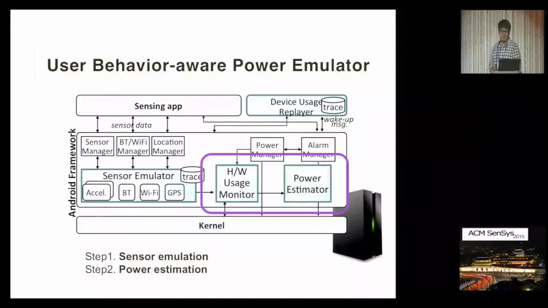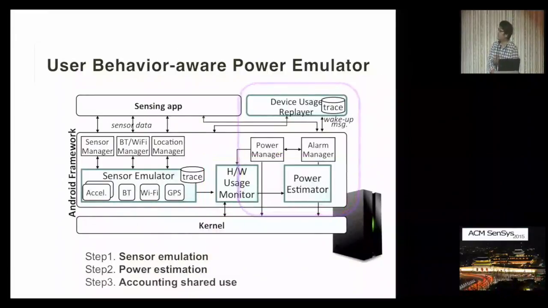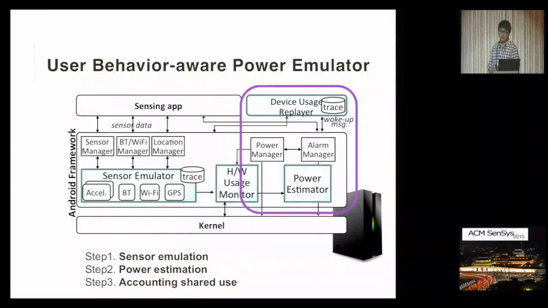Then, after the emulation, the power estimator computes the power consumption of a sensing application. And in the calculation, we account the shared use of resources to accurately estimate the additional power of the sensing application. Let me quickly go over key operations in a bit more detail.